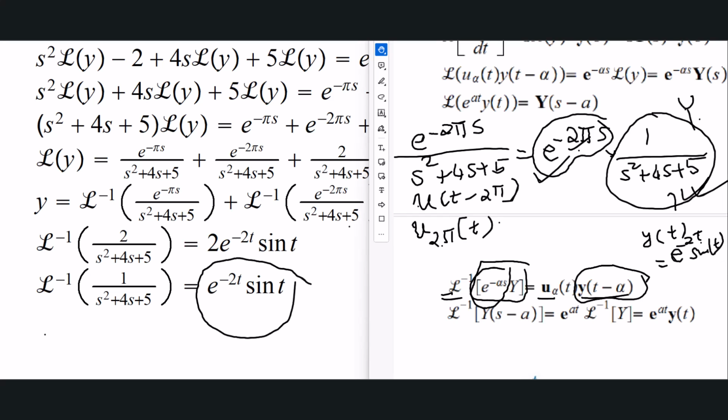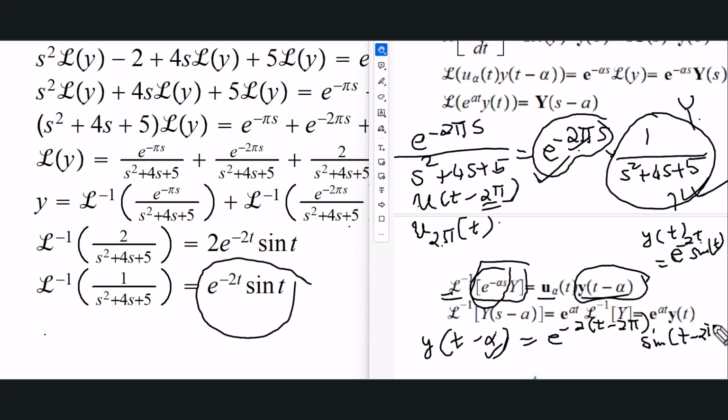But what we have is that we have to write y of t minus alpha here. And who is alpha? Alpha is 2 pi, right? So that will be e to the negative 2, and then t minus 2 pi, and then sine of t minus 2 pi.